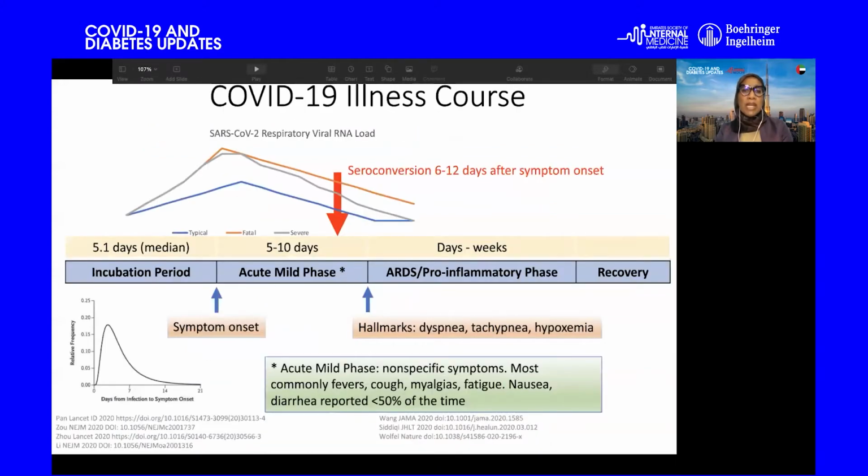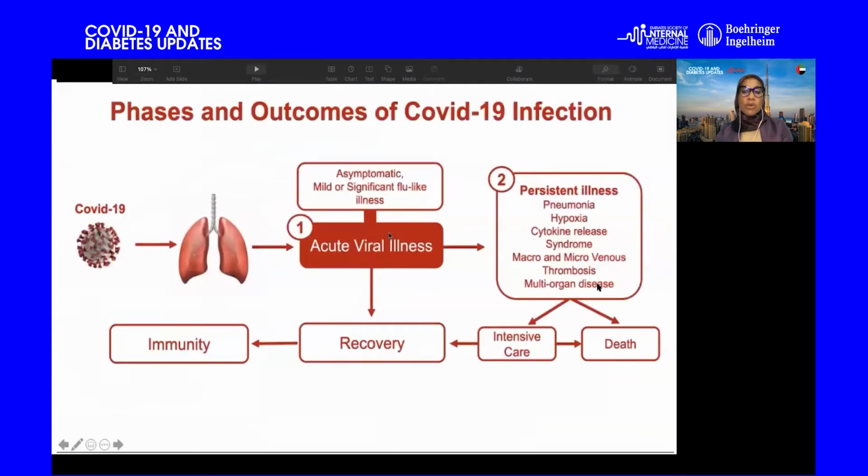We've all become familiar with the illness course. We know that from symptom onset, maybe about 5 to 10 days, there's an incubation period followed by an acute mild phase. And for some individuals, they may progress into a pro-inflammatory phase with development of ARDS. And we know that some of those patients may actually recover, whereas some patients may not do so.